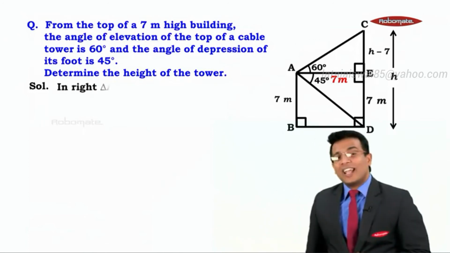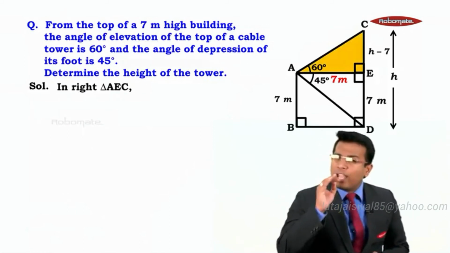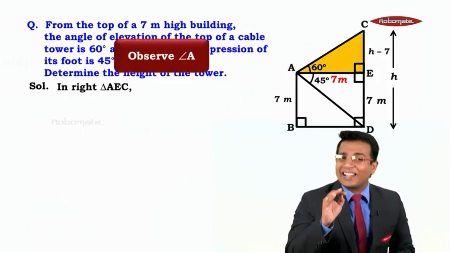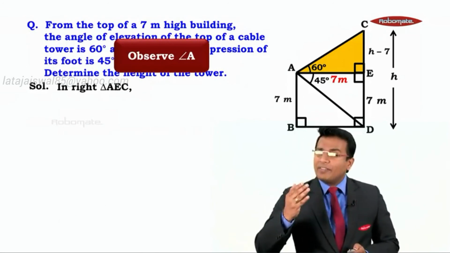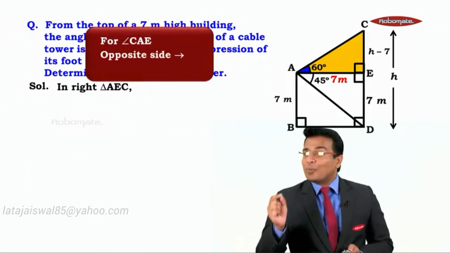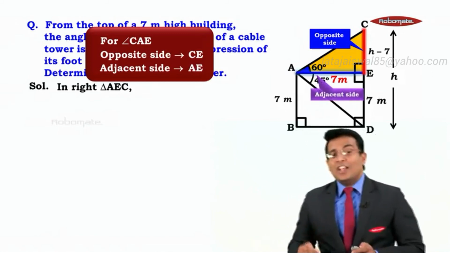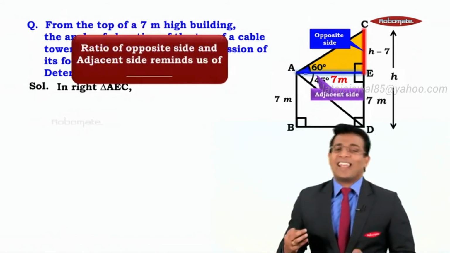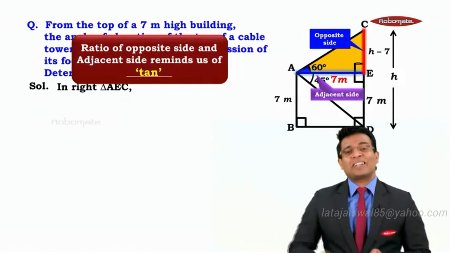So the next right angle triangle we have is AEC. In that right angle triangle, focus on the acute angle. What's the acute angle there? That is angle A. Observe that angle A. For that angle A, we have the adjacent side and the opposite side involving h. So the opposite side is CE and the adjacent side, which we know, is AE. So again we are talking about opposite side and adjacent side. This reminds us of which ratio? It's nothing but tan.